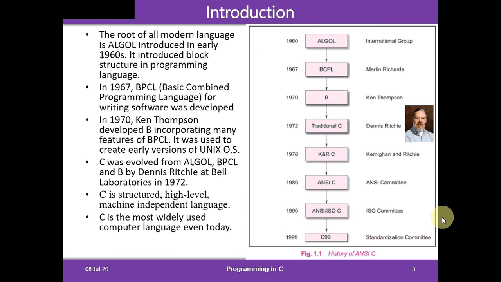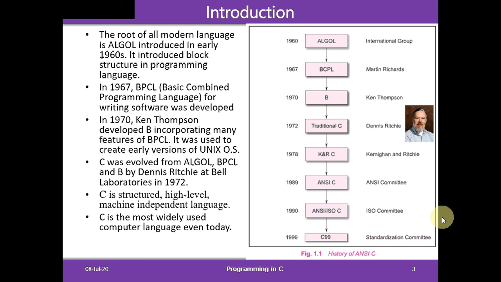First of all, introduction. The root of all modern programming languages is ALGOL, which was introduced in the early 1960s, and it worked mainly based on the block structure in programming languages. In 1967, BCPL, the Basic Combined Programming Language for writing software, was developed.